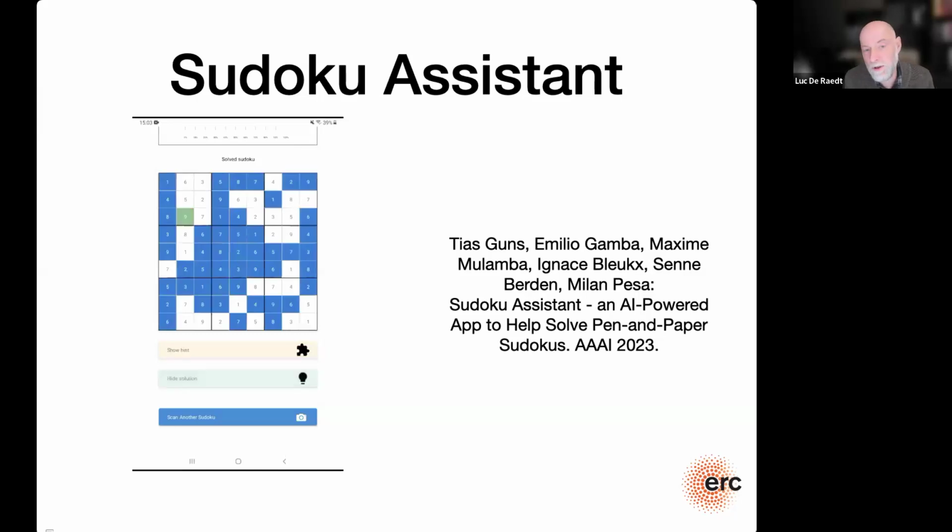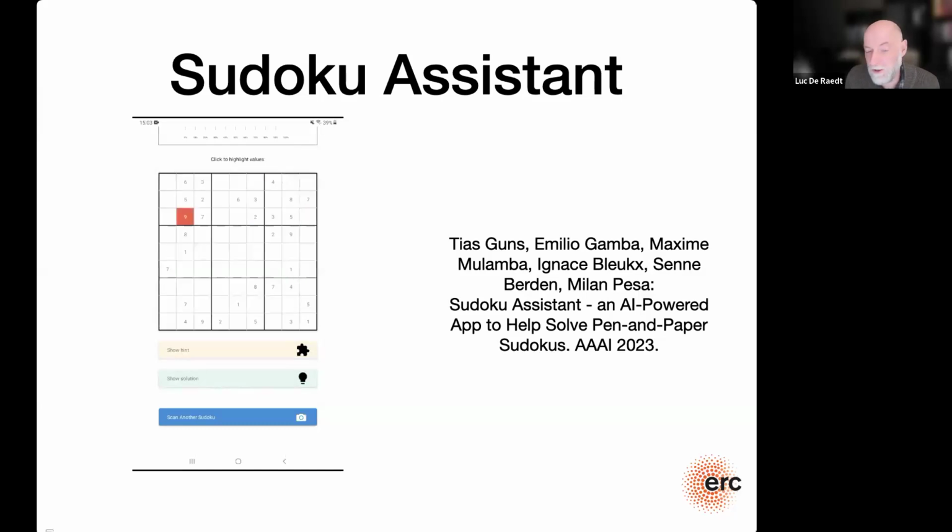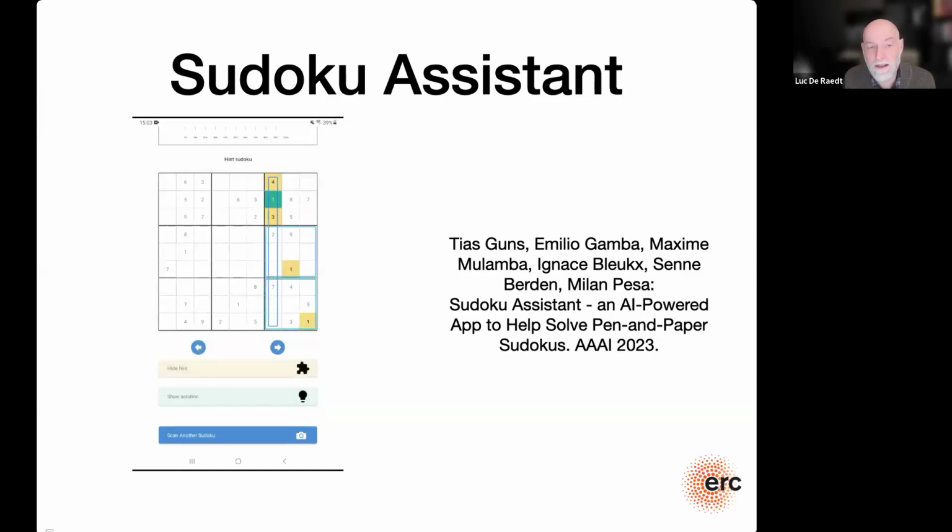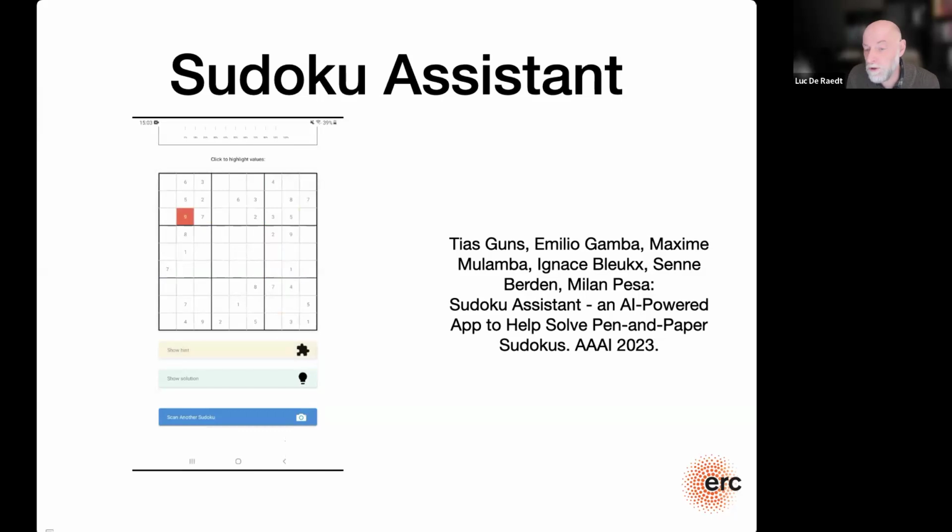And it's actually a beautiful result that if you just use the standard neural networks to predict which numbers are in certain squares, and you then solve the puzzle, you get about 25% of the puzzles correct. But if you use knowledge in that process, and knowledge here takes the form of the Sudoku rules, you get much, much better performance.